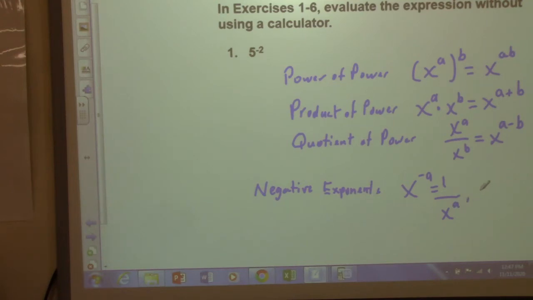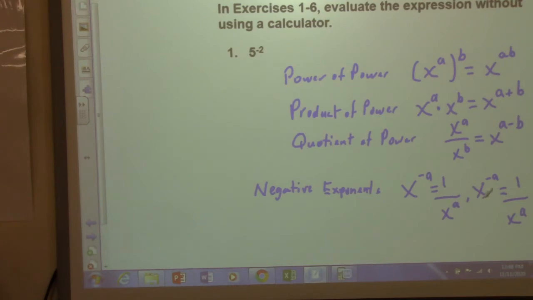And conversely, Angel, if we have x to the negative a power, that's equal to what? 1 over x to the a power.